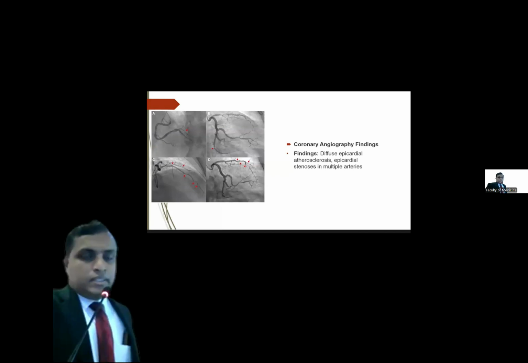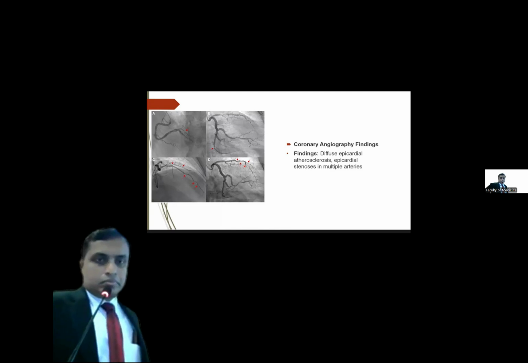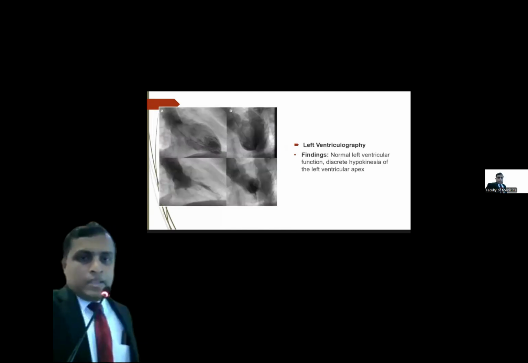Anyway, the coronary angiogram was done, and it showed diffuse epicardial atherosclerosis and stenosis in multiple arteries. And on left ventriculography, there was hypokinesia of the left ventricular apex.